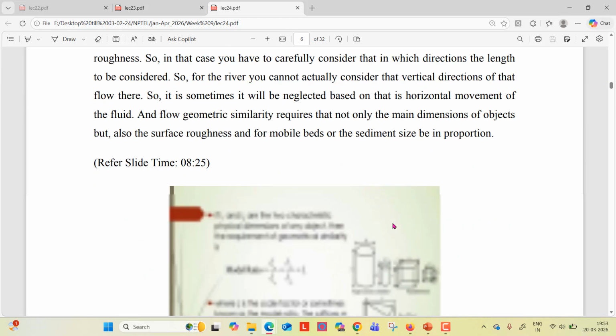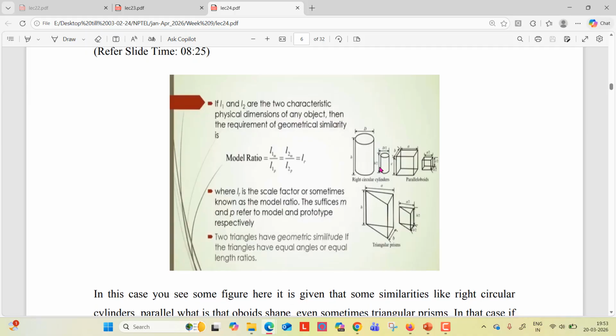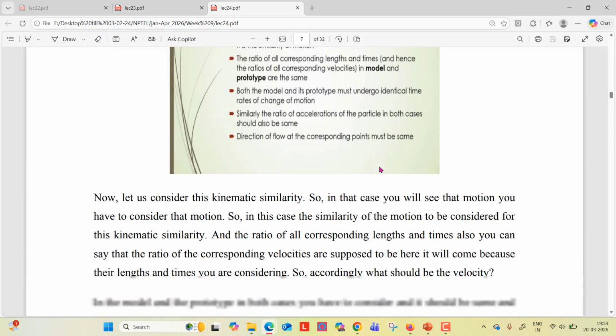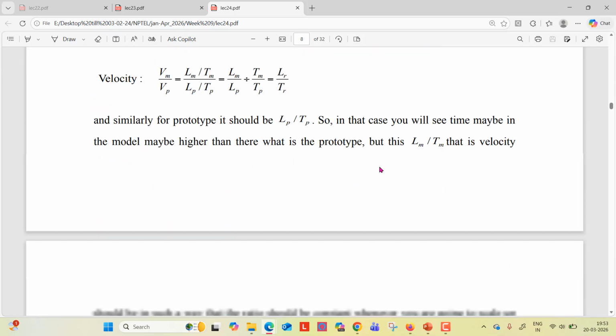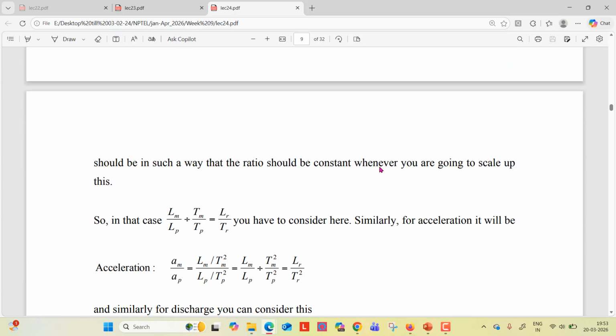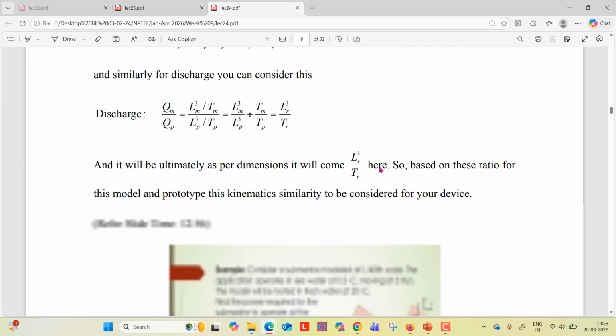Now we'll do some problems. So this is how the similitude works. It has the lab scale product, and this is the large scale product. So L of model and L of prototype will have a particular ratio. Similarly, the velocity, the acceleration and the discharge can have this.